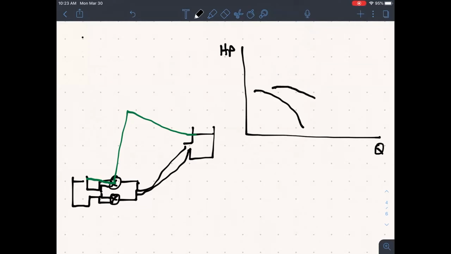So we're just kind of going out like that. So for a given head that this pump could provide, the potential discharge, again, not the actual discharge at the operating conditions, could be double.